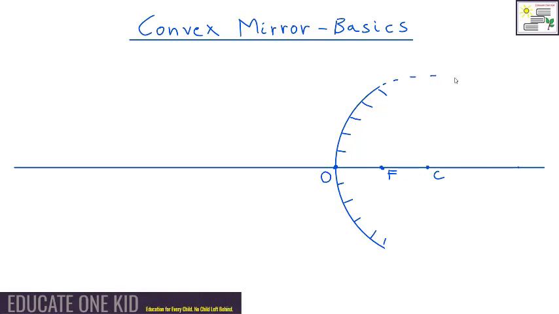So I'm drawing in a circle here, and we know that every circle has a center, and that's this point here, C. So just as for the concave mirror, C is known as the center of curvature.